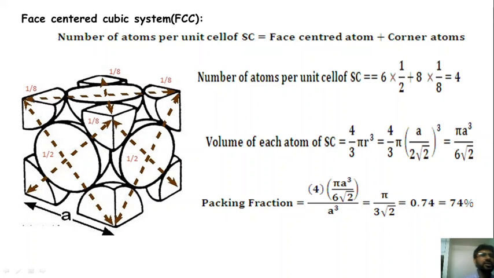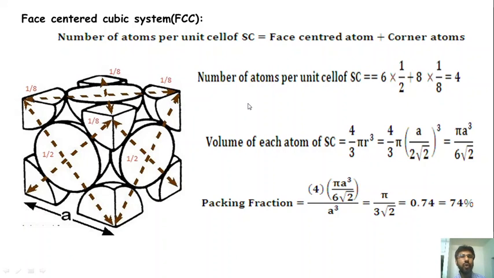Now in case of the face centered cubic structure, the number of atoms per unit cell is equal to the face centered atoms plus corner atoms. There are 6 face centered atoms, each shared by 2 cells, and taking the 1/8 share of the corner atoms, you will get 3 plus 1, that is equal to 4.